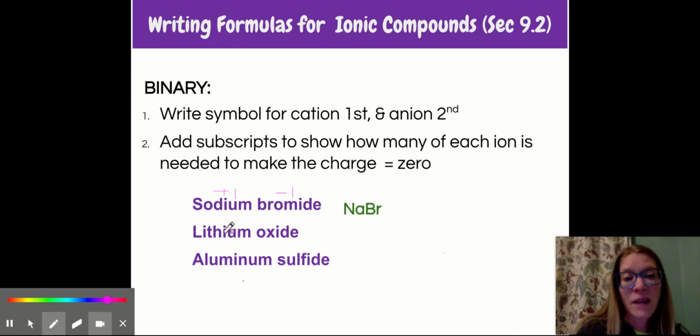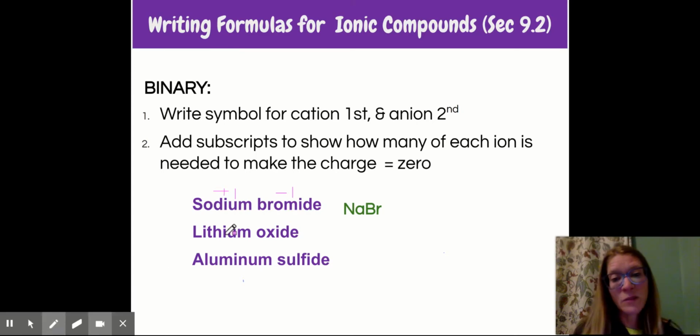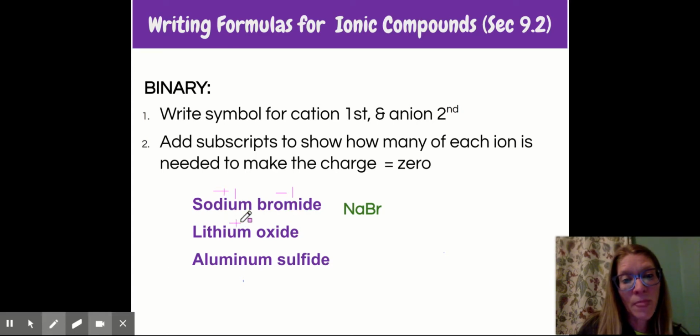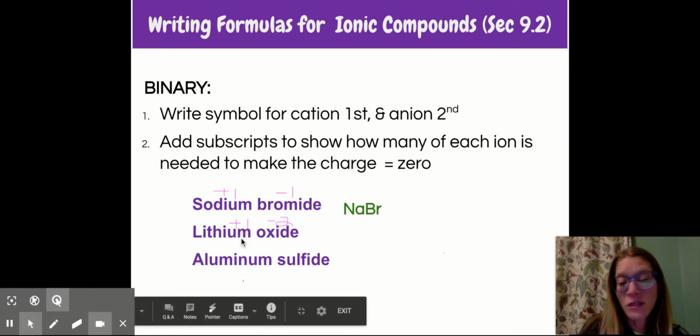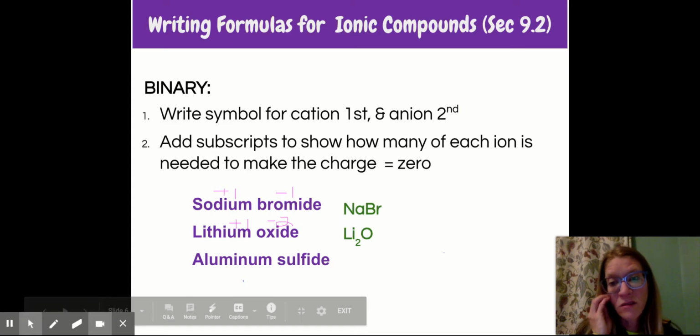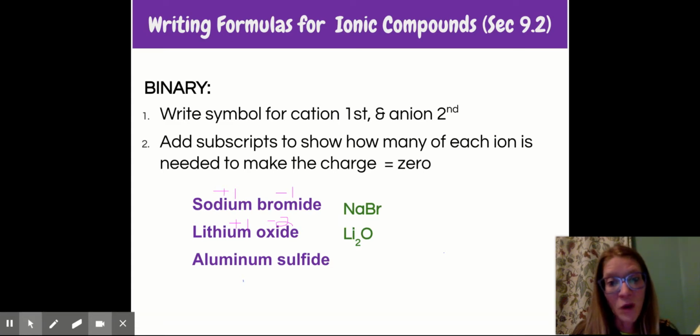The next example, lithium is +1. Oxide is -2. So these are not equal and opposite. Lithium is +1, oxide is -2. We know that we need more than one lithium. So in order to make the charges equal to 0, we would need 2 lithiums for every 1 oxygen. So my formula would be Li2O.